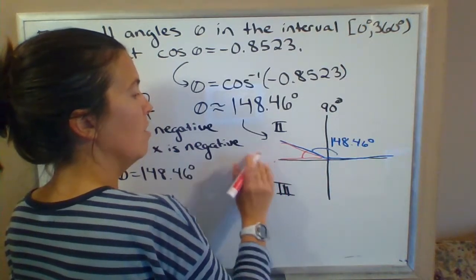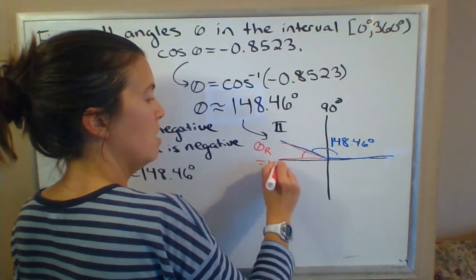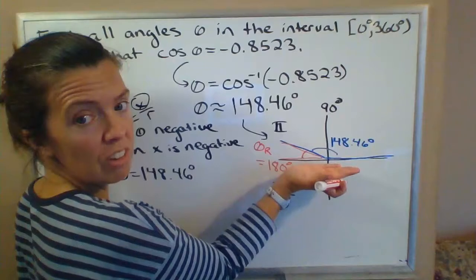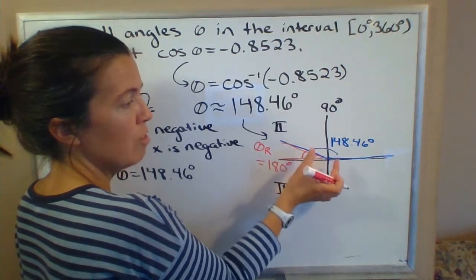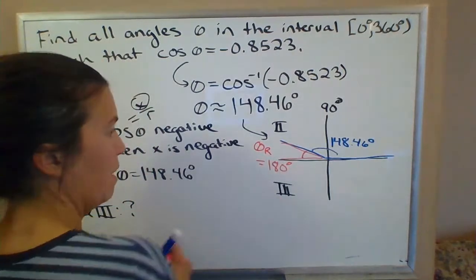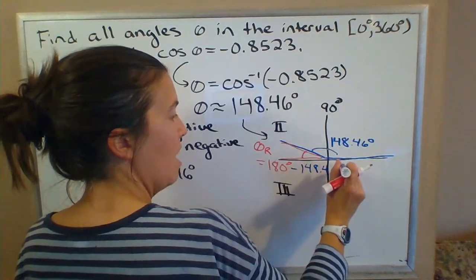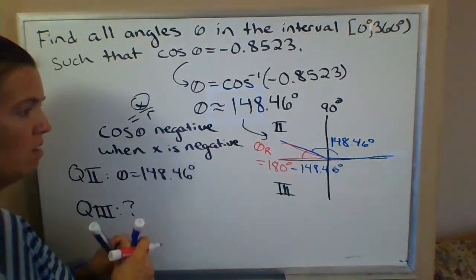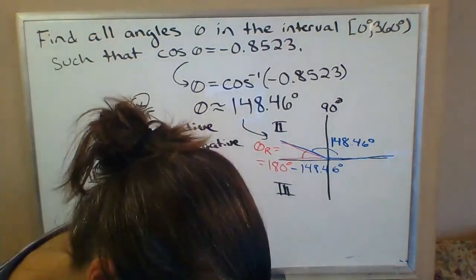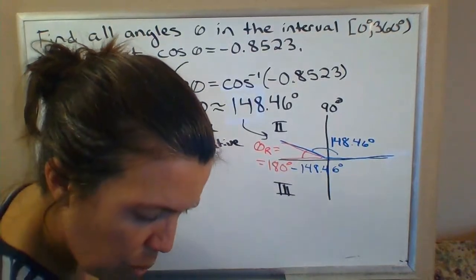So the reference angle, theta r, is 180 degrees, that's this straight angle here, take away the blue portion. If we subtract 148.46, then that'll leave us with just the red portion. So it turns out that theta r, 180 minus that, is 31.54.